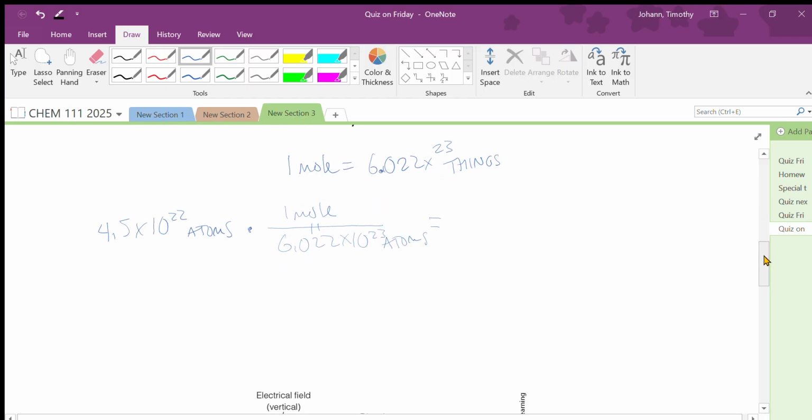So the way I would put the 6.022 times 10 to the 23rd into my calculator is EE, essentially times 10 to the. In other words, I'm going to put 6.022 and I'm going to press EE, and then I'm going to put 23 into my calculator.